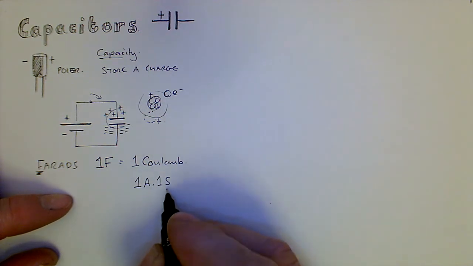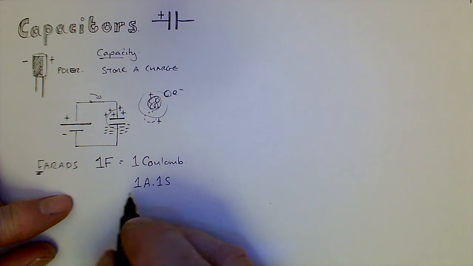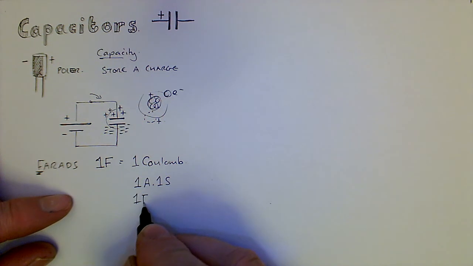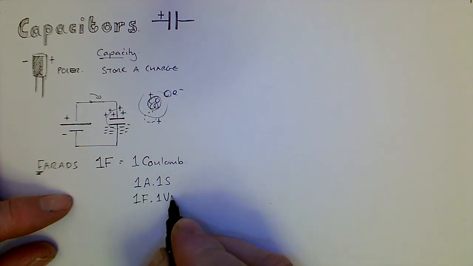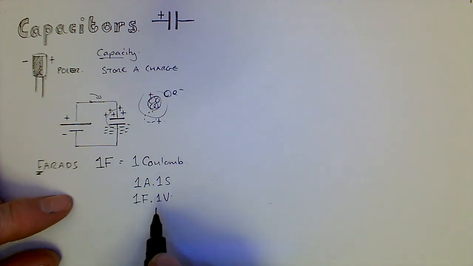So a coulomb is 1 amp per second, and 1 farad for 1 volt, bear with me here.